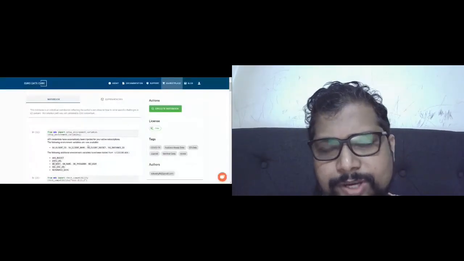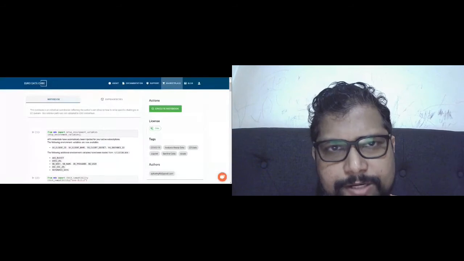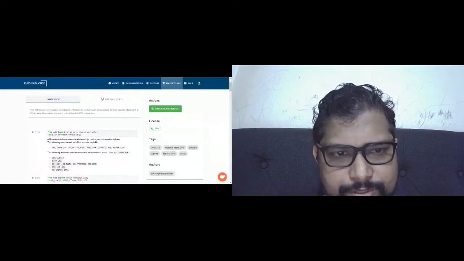Let me show you my notebook that I have contributed to Eurodata Cube, which allows you to quickly calculate the NO2 levels in the population.